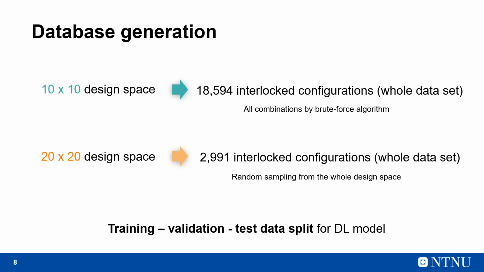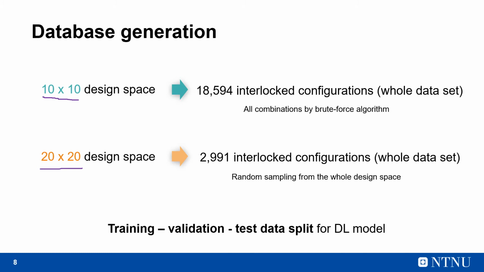So we chose to create two databases. The first one is a 10 by 10 design space, and the second one 20 by 20. For the first one, we generated all the combinations by the brute force algorithm, about 18,000 half geometries.